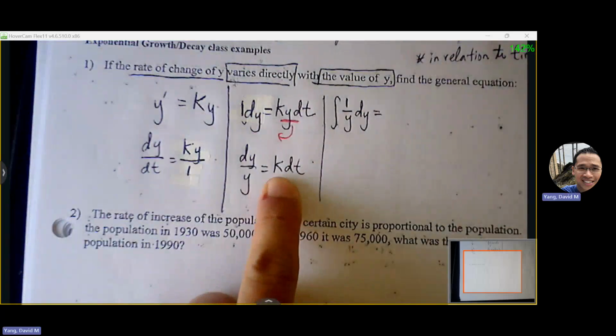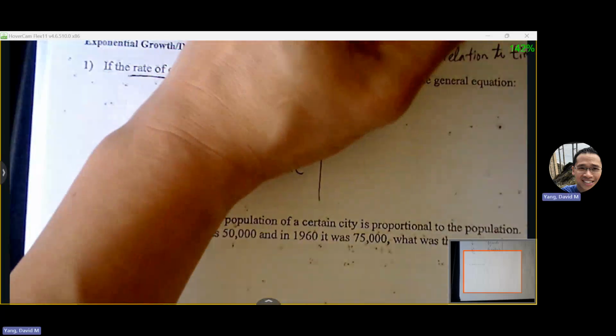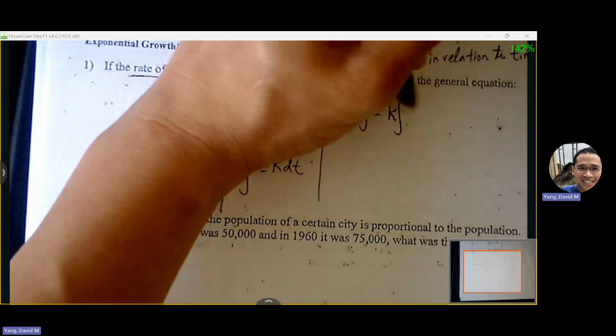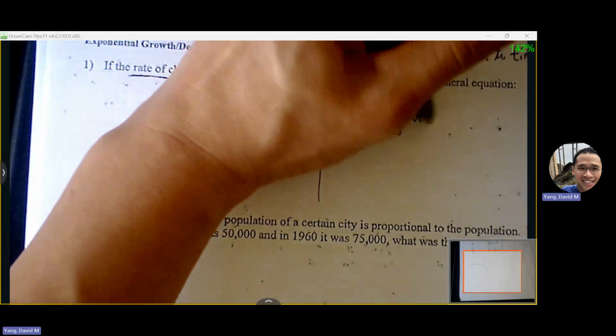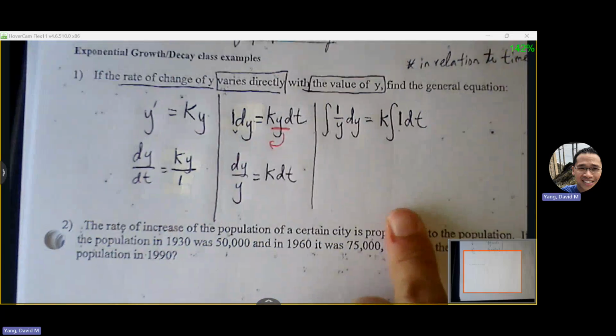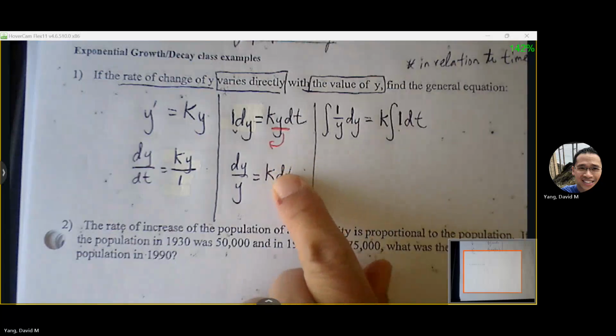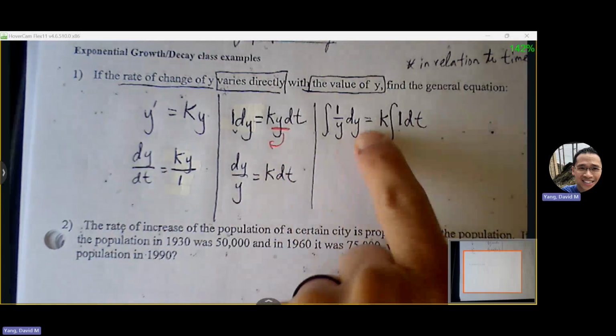Now remember, k is just a number, so we like to put a number outside of our integral, and it's really just the 1 dt that we're taking the antiderivative of. So we're not going to do k squared over 2 because k is not a variable.